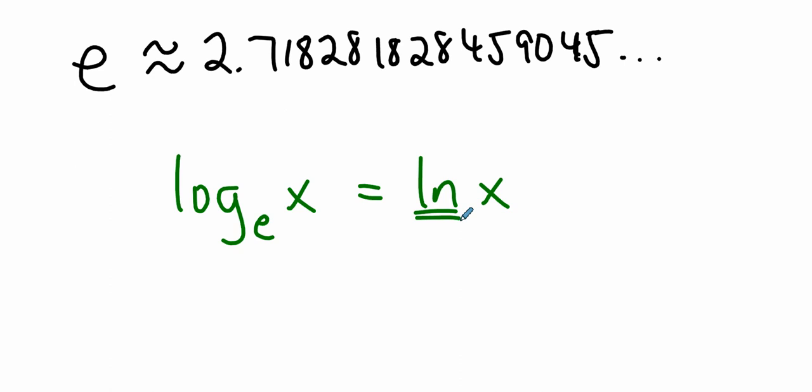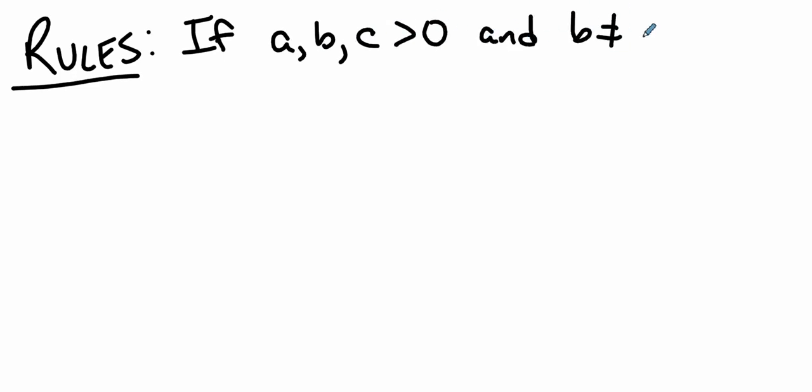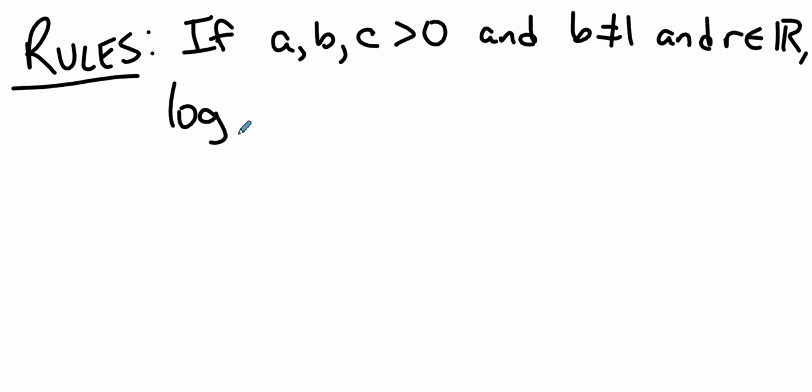There are rules involving logs. We should outline them for you. If A and B and C are positive, and B is not 1, and R is a real number, then the following are all true.